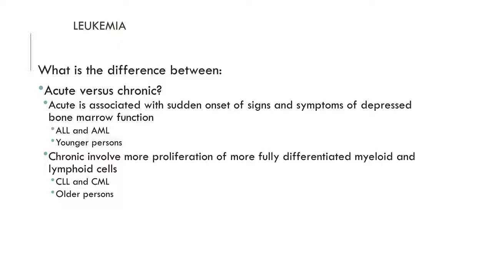It tends to affect younger people. The chronic form involves more proliferation of fully differentiated myeloid and lymphoid cells. Again, it ends up being CLL and CML, and it tends to affect older persons rather than younger people.